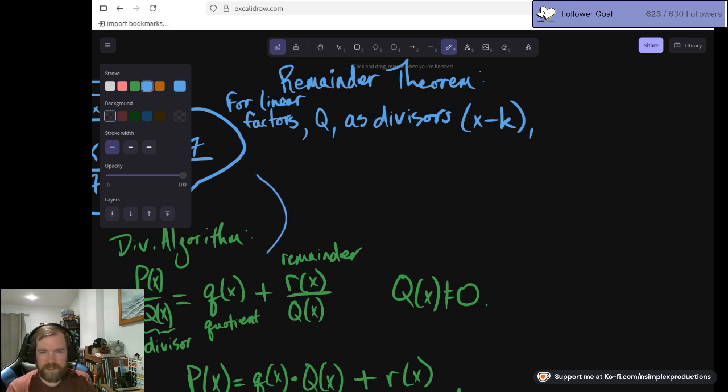Okay. Then using this stuff from below, P of x is going to be equal to little q of x multiplied by x minus k plus r of x.